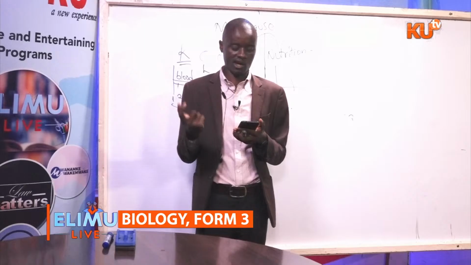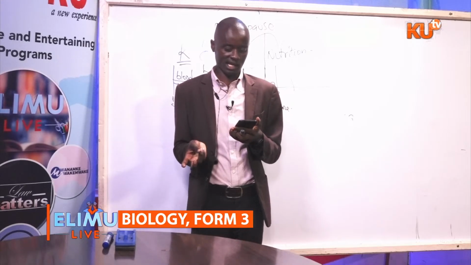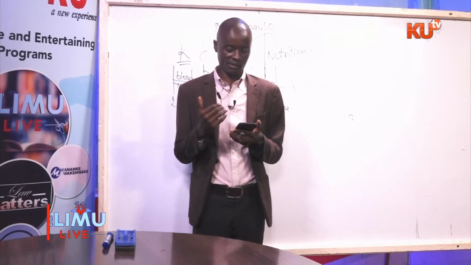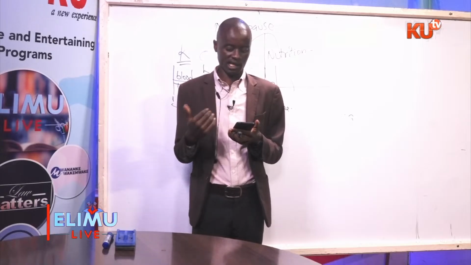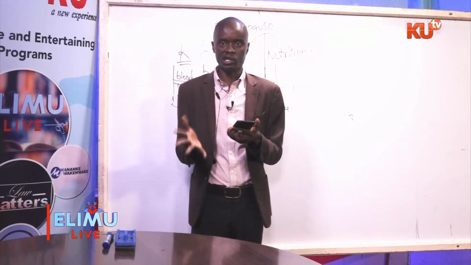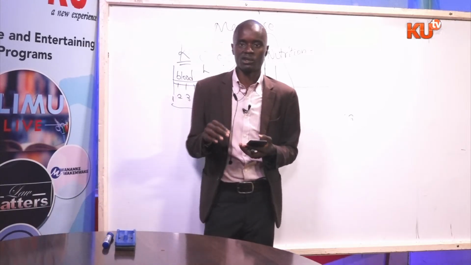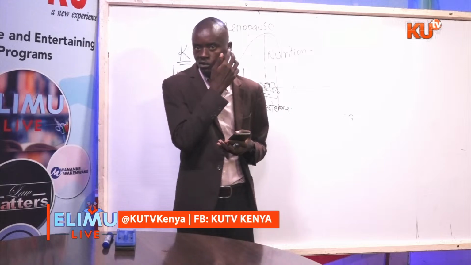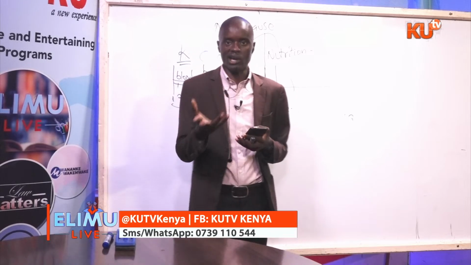That is iron, vitamin K, and also vitamin C, which is very important in the healing of the uterine wall and also in the absorption of iron.